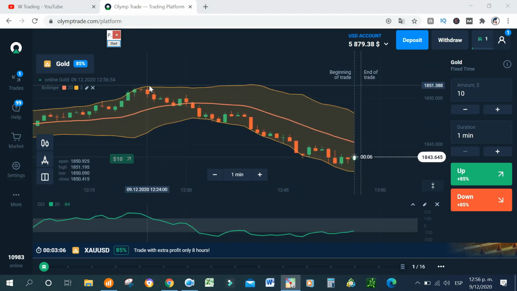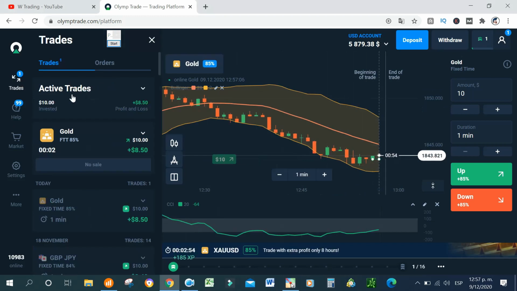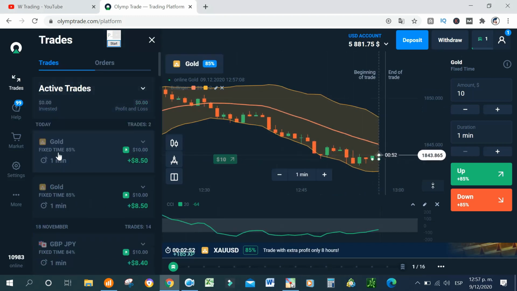Don't get upset if you lose a trade. Remember, it's part of the process of learning how to trade. So guys, I think that we won this trade too. Yes, 1 second, and of course we won this trade too, guys.